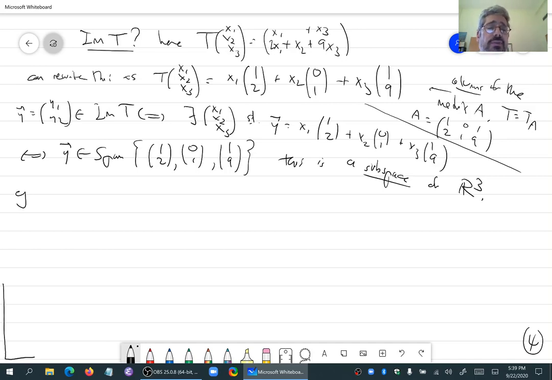So let's for instance check. Is something like 2, 2 an element of the image of T?